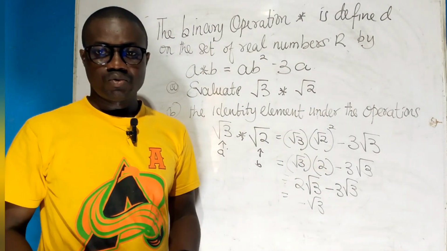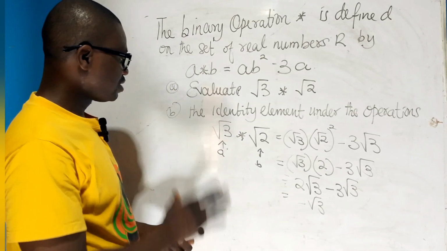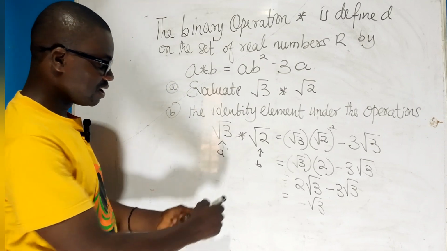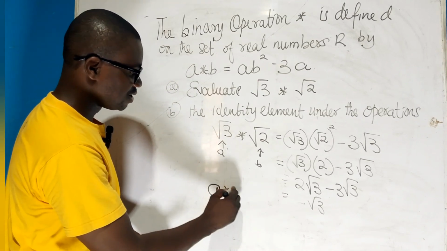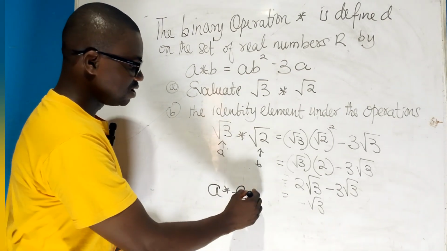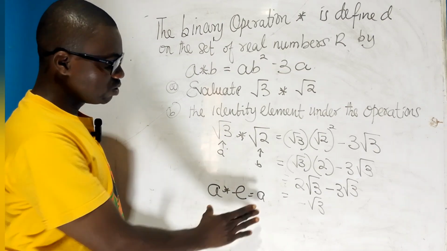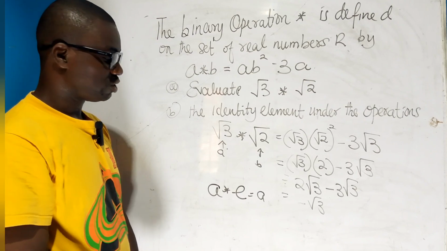Now the next question wanted us to find the identity element. In this case, there is one property that you should look at. The property of an identity element is that A operation the identity element, represented as E, is equal to A. So we are going to use this property in the substitution of the given operation.